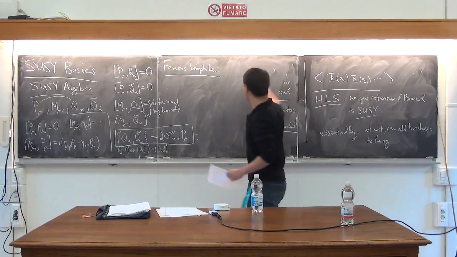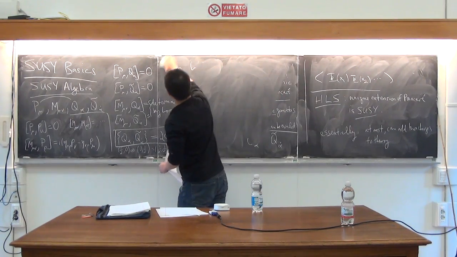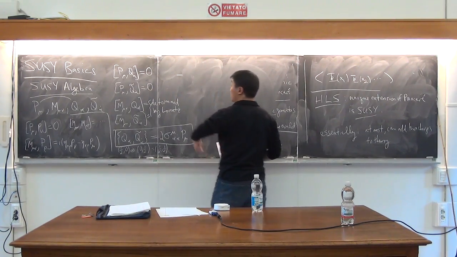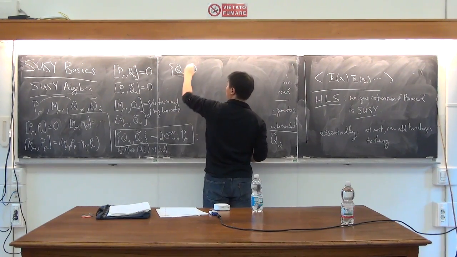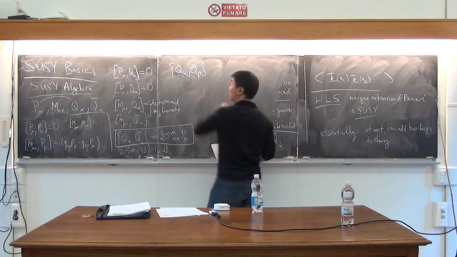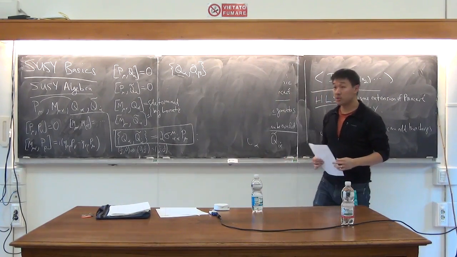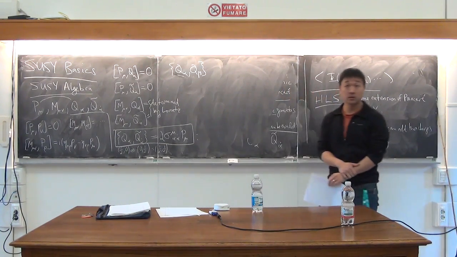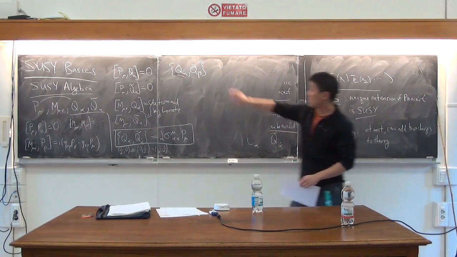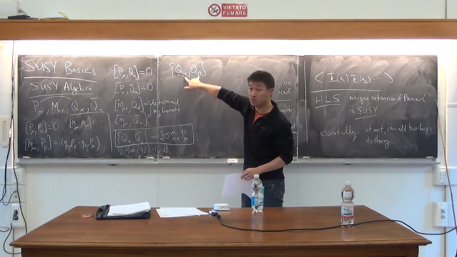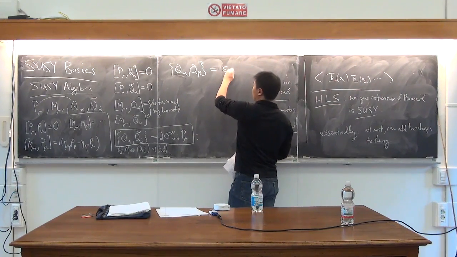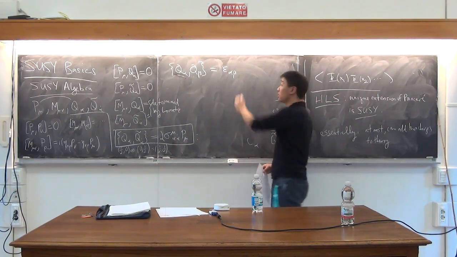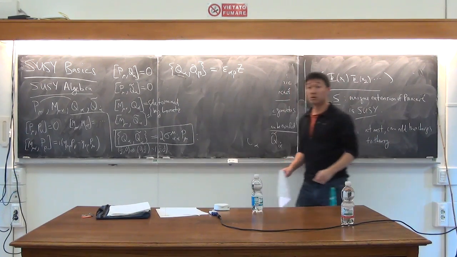Q itself, yes, thank you. So there's one more, which is the Q alpha, Q beta. What does this have to be? Do we have a choice here? This should carry these indices, and the only thing that carries those indices is epsilon alpha beta times a scalar.